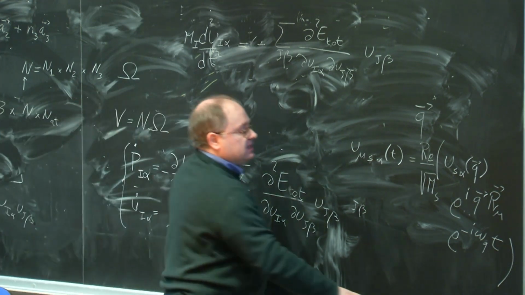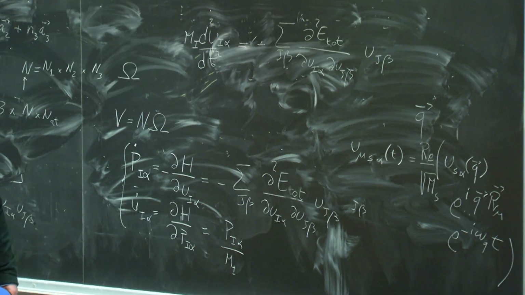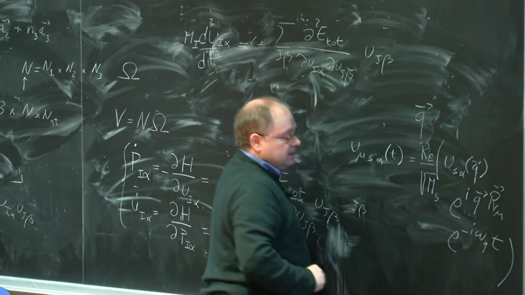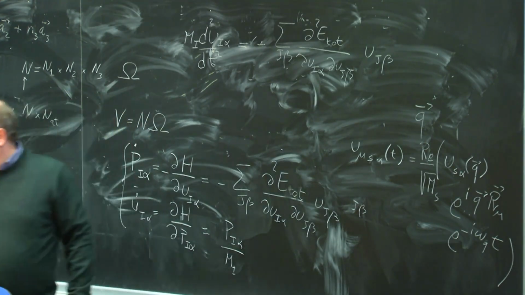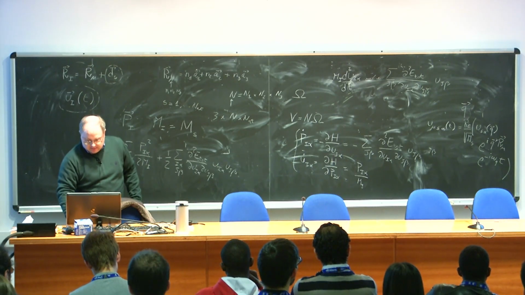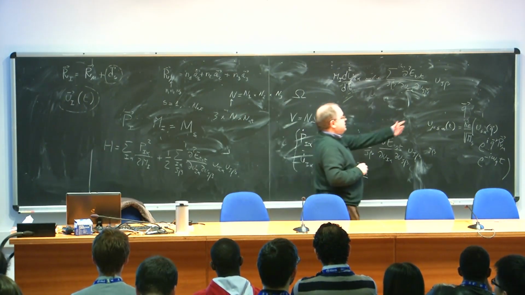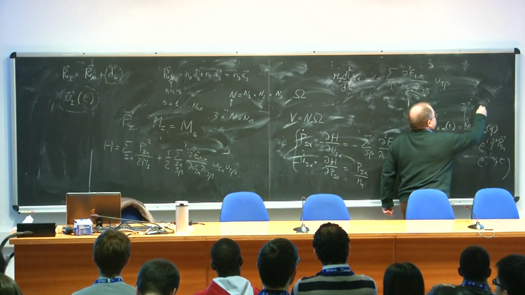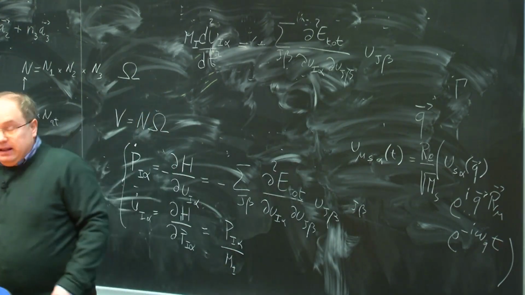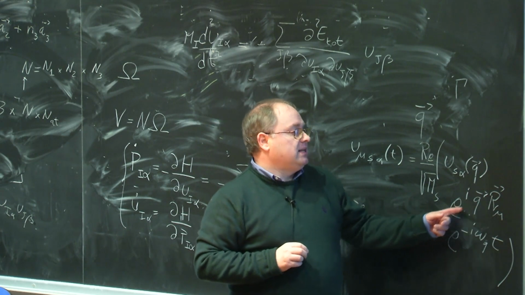Let's study a little bit what this thing means, at least at t equals 0. Suppose that I take q equals 0. So I take the gamma point, the so-called center of the Brillouin zone. Then this phase e to the i q r mu is always equal to 1.